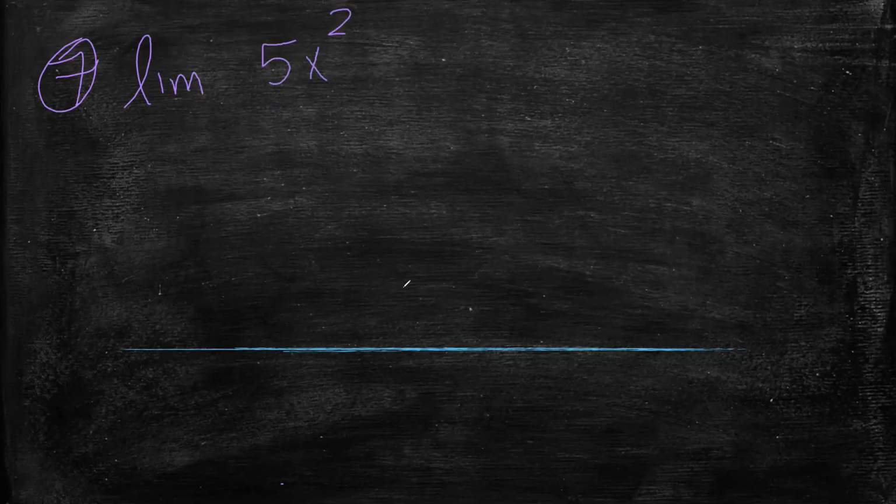Number 7 now. Let's do it now with Darin. Limit 5x squared plus 7 over 3x squared minus x.